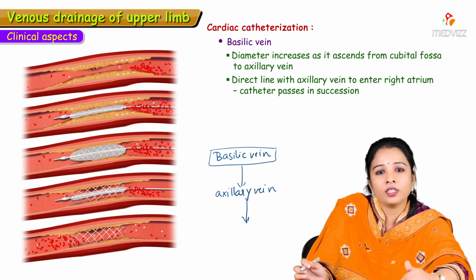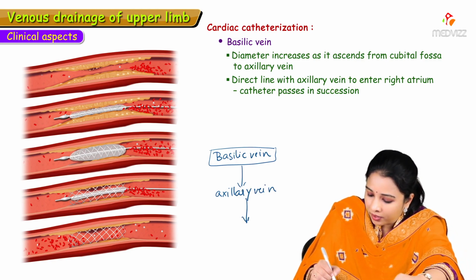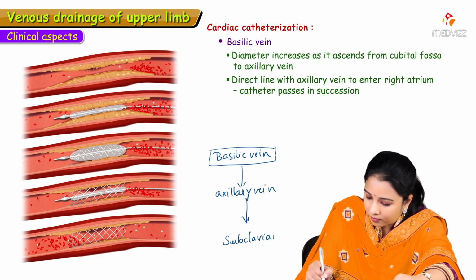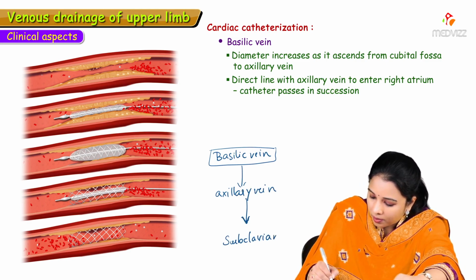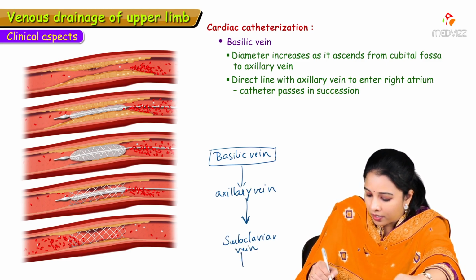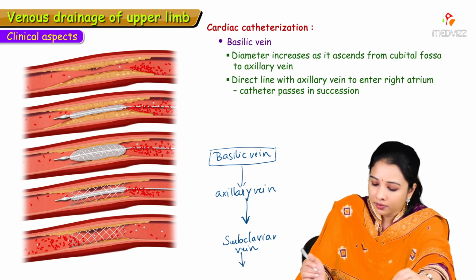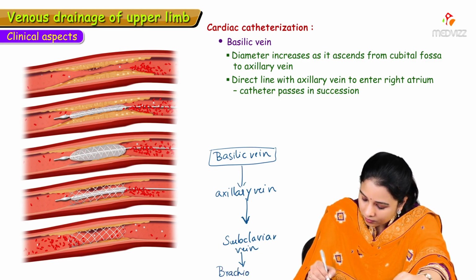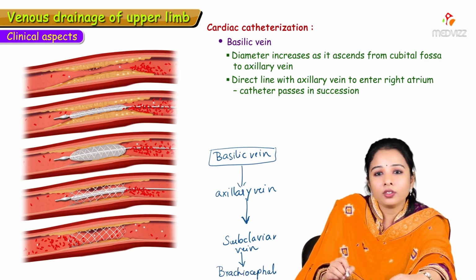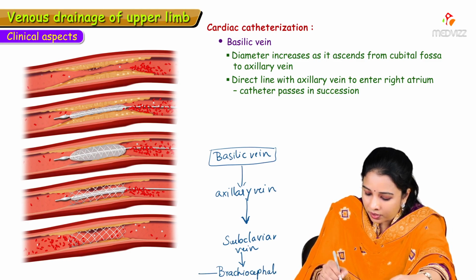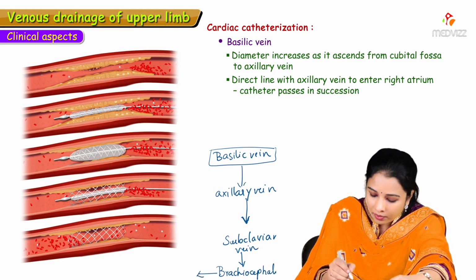The axillary vein further continues into the subclavian vein, and the subclavian vein drains into the brachiocephalic vein, and the brachiocephalic vein drains further into the superior vena cava.